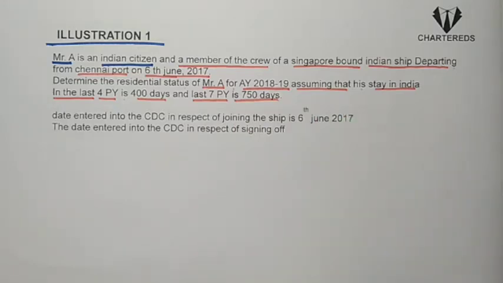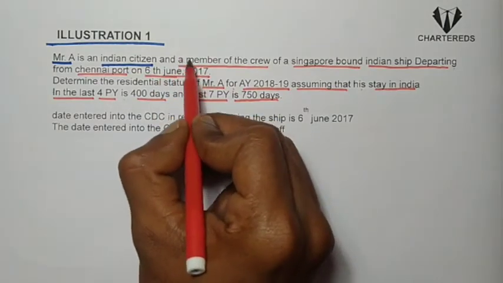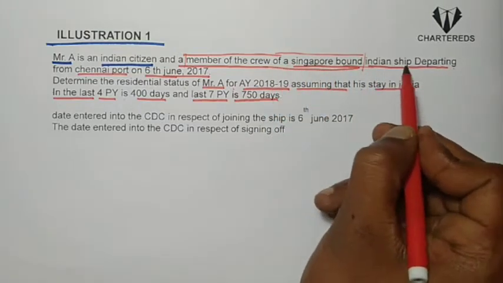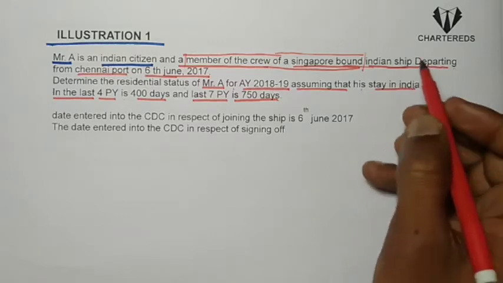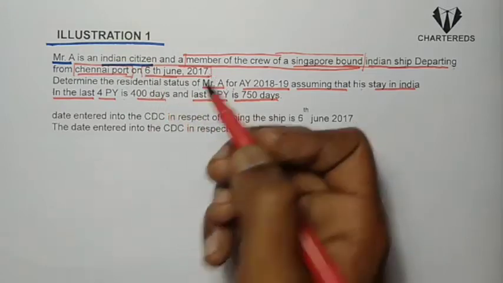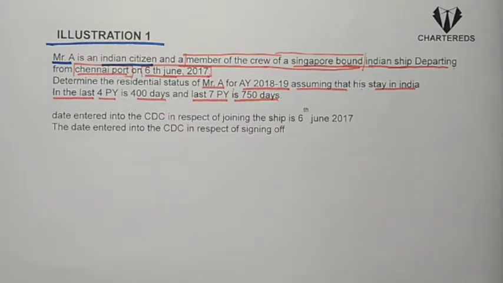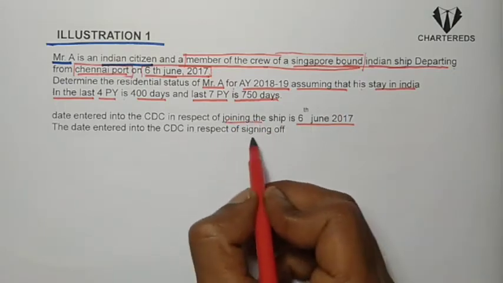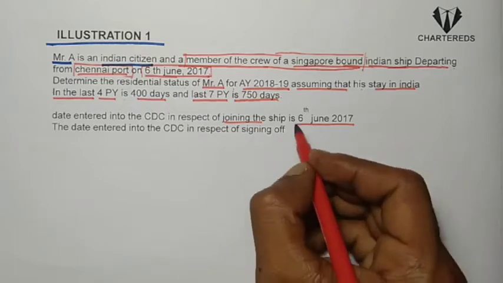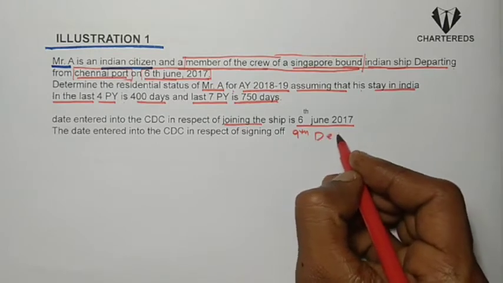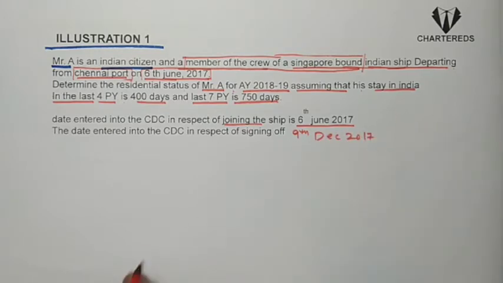Here we should consider that he is a member of crew of a Singapore bound Indian ship departing from Chennai on 6th June 2017, and the date entered in the CDC as joining date is 6th June and signing off date is 9th December 2017.